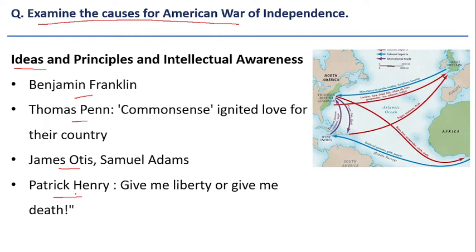They generated awareness in society that their main aim was to live freely. Patrick Henry said, give me liberty or give me death. This shows the kind of liberal principles they wanted, and they always wanted to love their country and live freely.